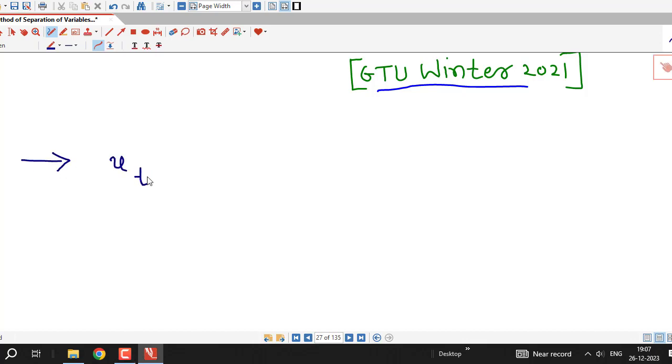We have seen that if we have the wave equation del square u by del t square equal to c square times del square u by del x square, then it represents the mathematical model of a vibrating string.